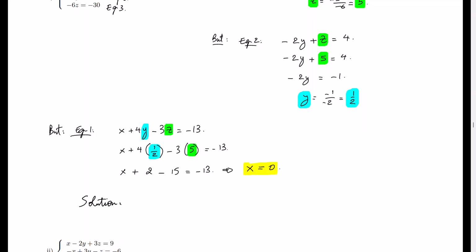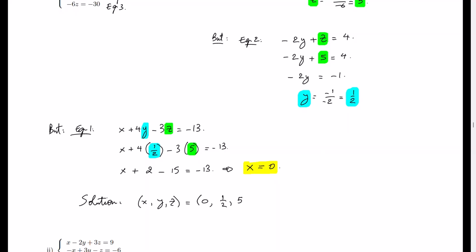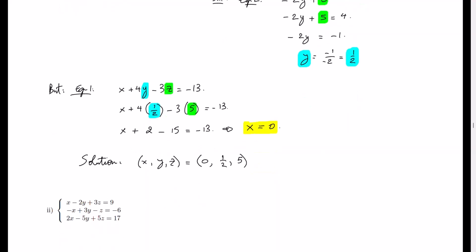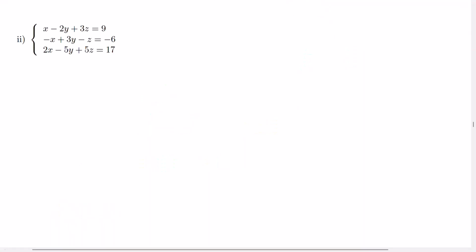The solution is the ordered triplet x, y, z, where x is 0, y is 1/2, and z is 5. And notice how we write the numbers in alphabetical order, with x first, y second, and at the end, z. Okay, let's continue with this example.